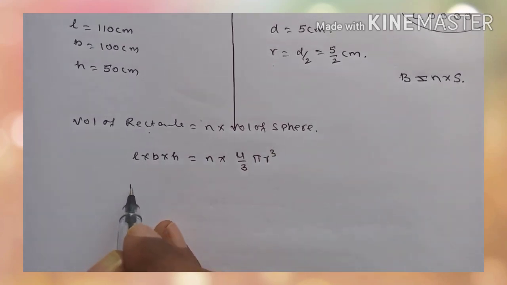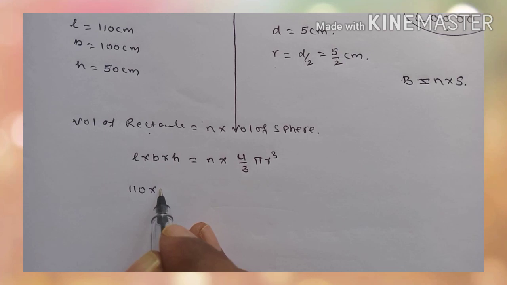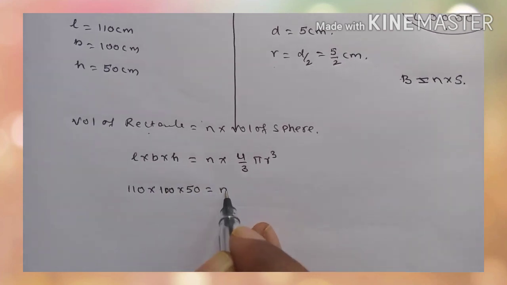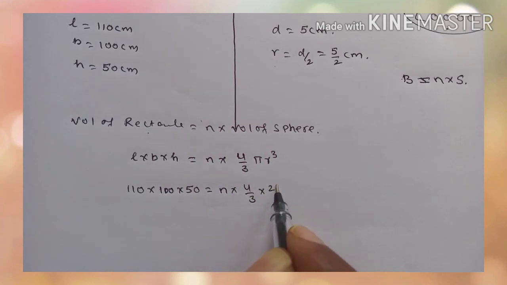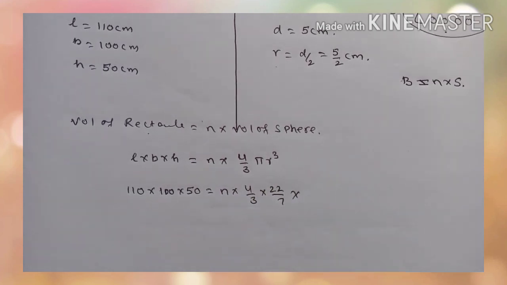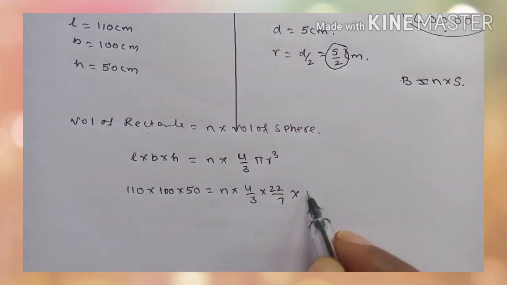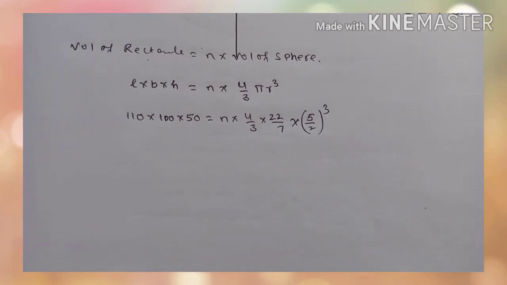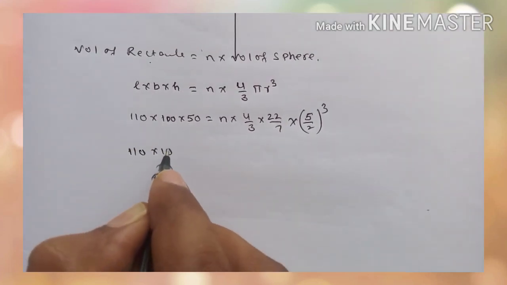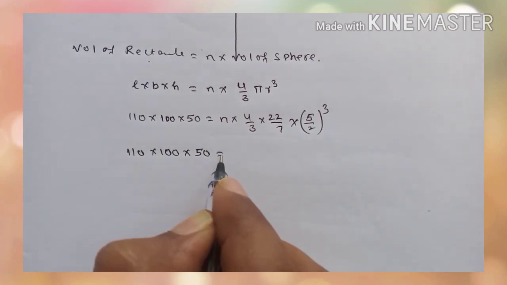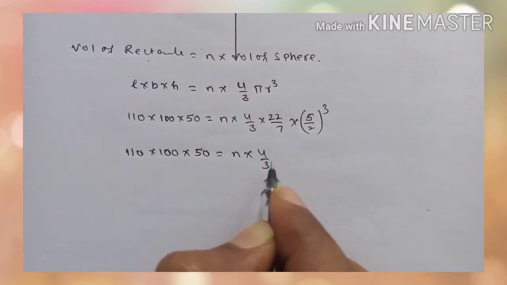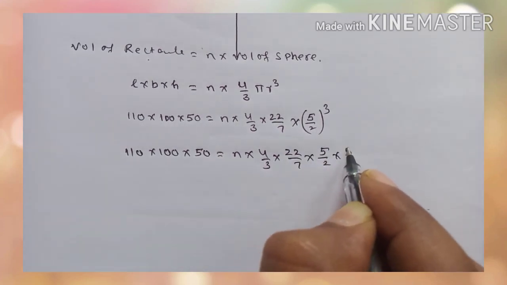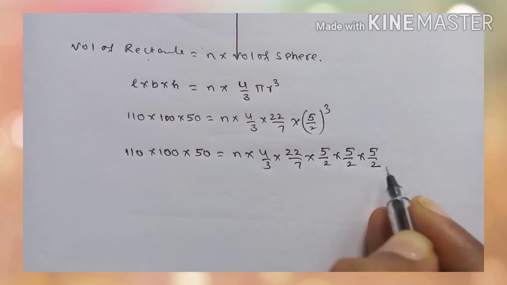Now L value given in the problem is 110, breadth is 100 and height is 50, is equal to n into 4 by 3 into pi value 22 by 7 into radius value 5 by 2 whole cube. Expand: 110 into 100 into 50 is equal to n into 4 by 3 into 22 by 7 into 5 by 2 into 5 by 2 into 5 by 2.